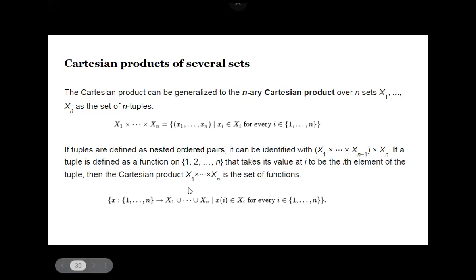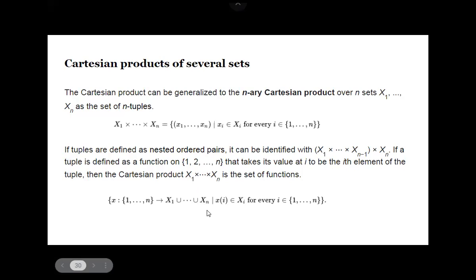Then the Cartesian product X1 comma X2 comma dash dash dash xn is the set of functions. How is it written in this case? It is x such that x values run from 1 to n, x belongs to X1 union X2 union X3 up to Xn.